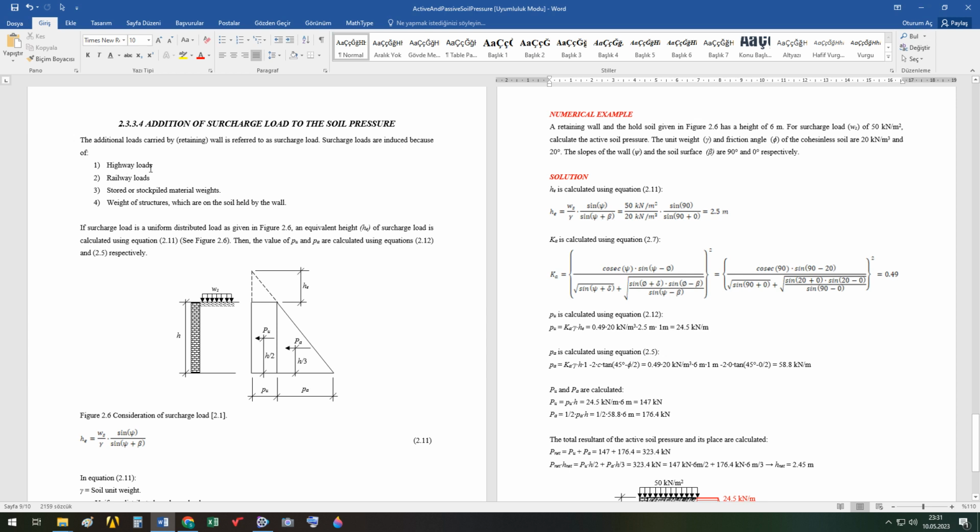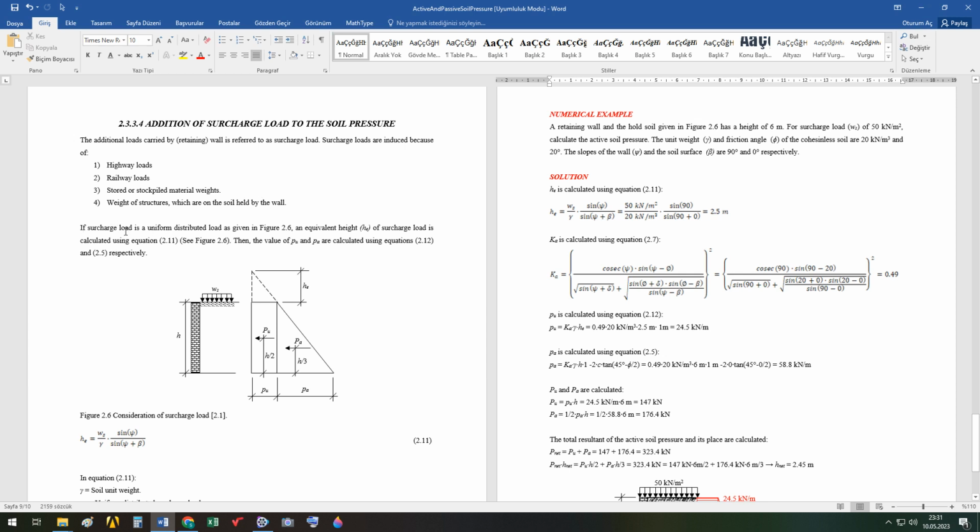These are the wheel loads of the vehicles. Railway loads, these are the wheel loads of the train. Stored or stockpiled material weights on the soil. Weight of structures, a building can be made here. So the weight of this building acts as a vertical stress, and because of this vertical stress, soil pressure increases, which are on the soil held by the wall.